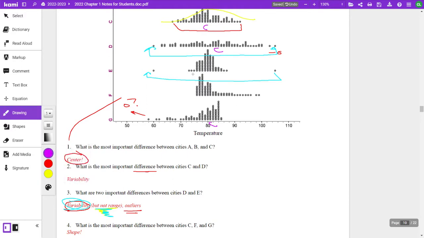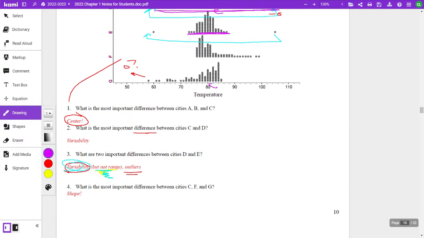Our variability, look, there are lots of different data points spread out across this one, and there are very few data points spread out on this one. So really, if you look at it, D is much more variable than E, but E has two really big outliers. So that's kind of what we're talking about.